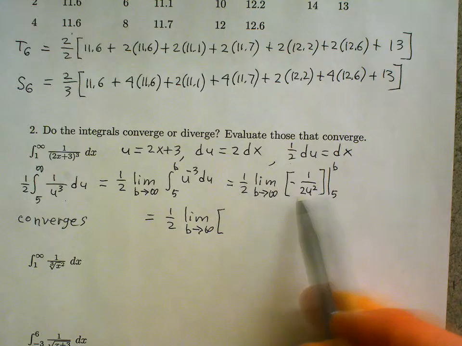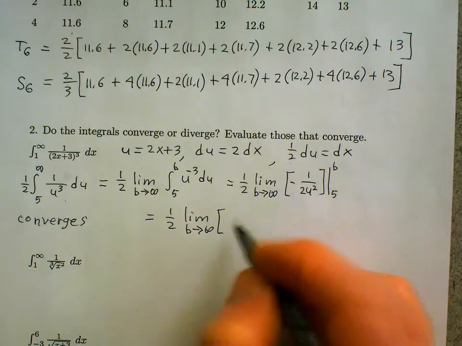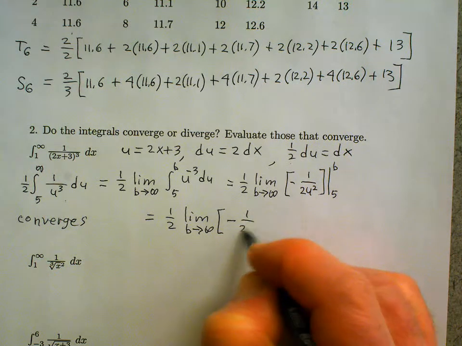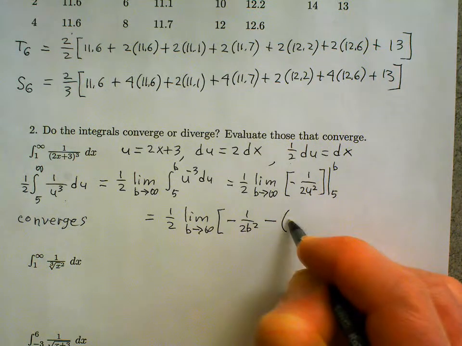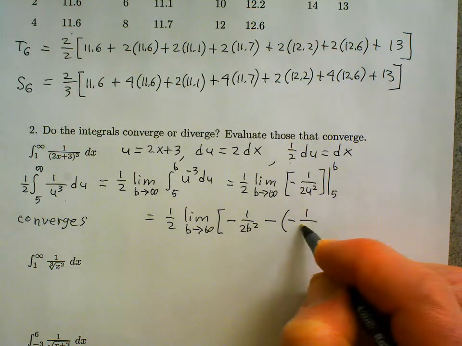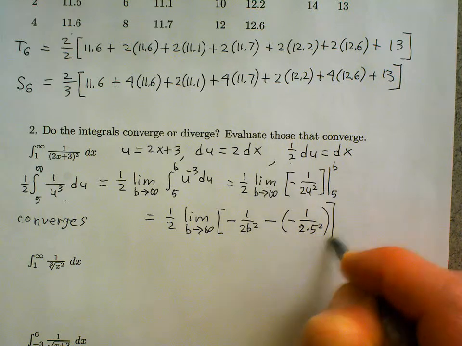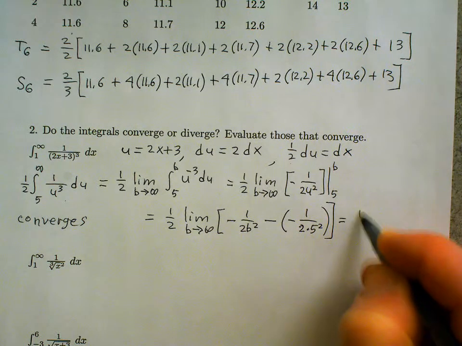Evaluating when u is b, we get -1/(2b squared), minus -1/(2 times 5 squared).